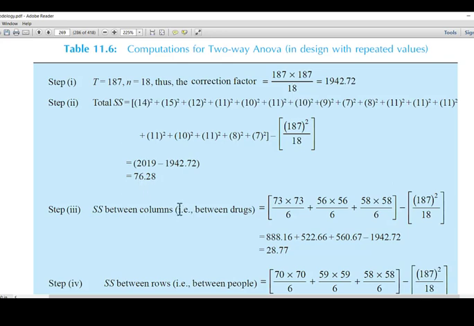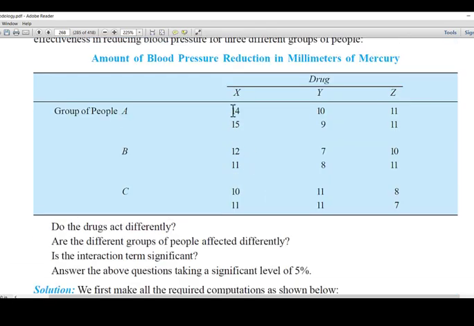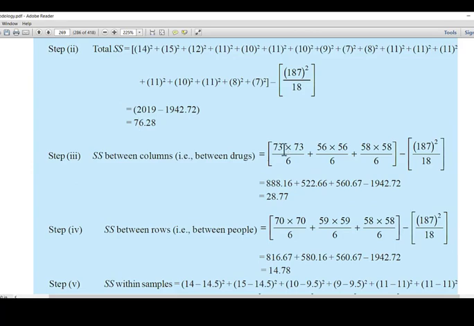Then SS between columns. SS between columns means between drugs, and that is 73. How this 73 comes about, you can make this column summation: 14 plus 15, 29, 31, 41, 42, 52, 62, 63, 73. So that 73 value is written here.